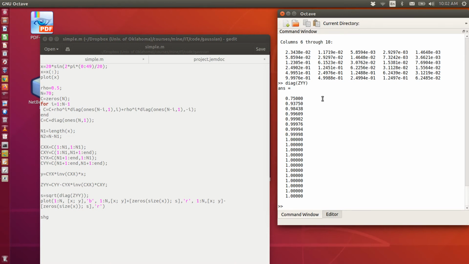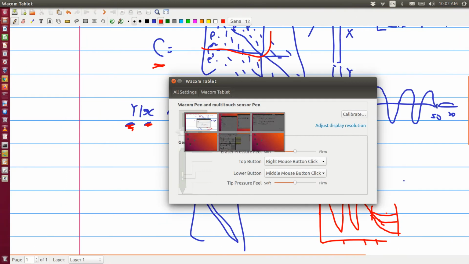Again, we want to check the correlation coefficient. And remember what the correlation coefficient is.